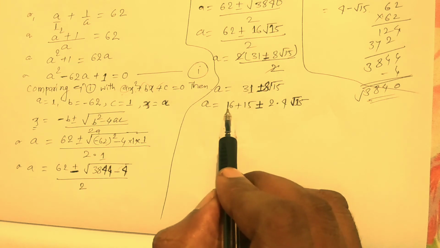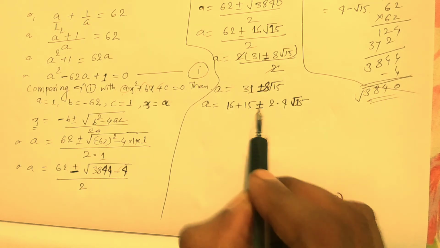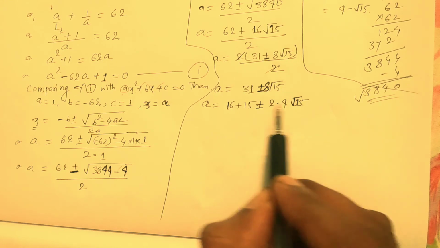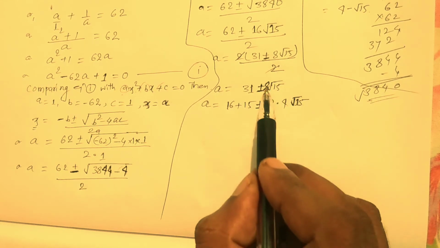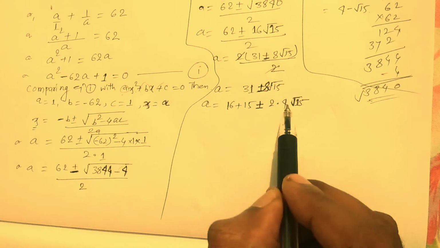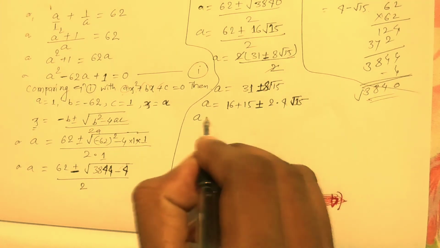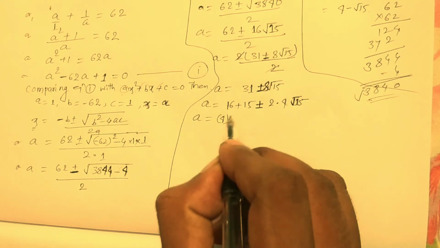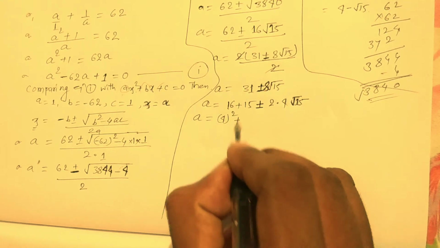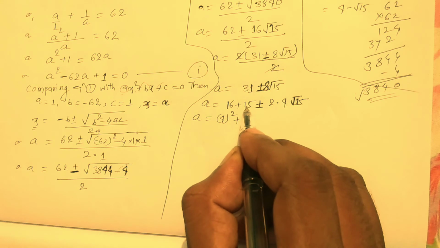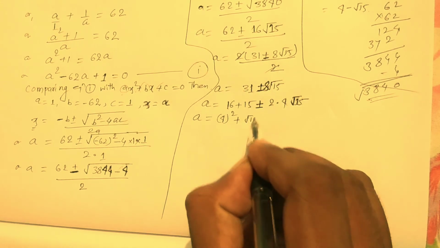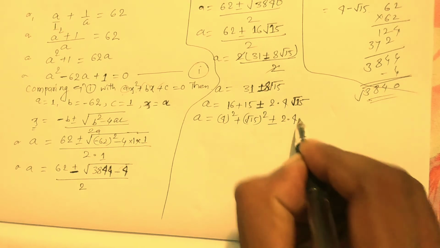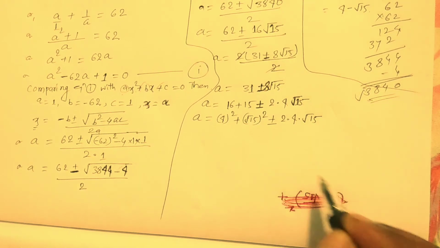We can write a = 16 + 15, because adding 15 and 16 gives 31, plus or minus 8√15, which we can write as 2 times 4 times √15. So we write 16 + 15 ± 2 times 4 times √15, since 2 times 4 is 8. Now a = 4² + (√15)² ± 2 times 4 times √15.